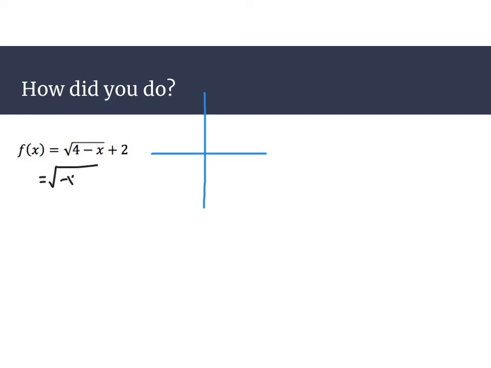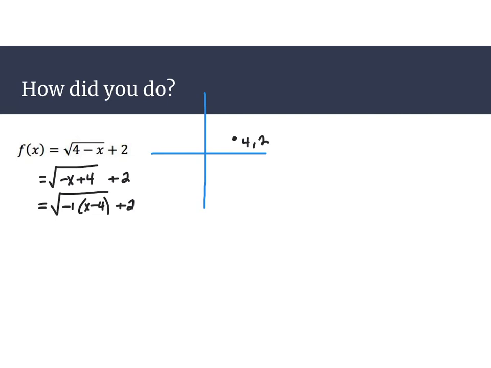This is really negative x plus 4 underneath of that square root, which means in order to see my transformations, I have to factor out that -1. That's important because that is actually a reflection over the y-axis. Your graph is moving 4 units to the right and 2 units up. So the location of your point of origin is 4, 2.